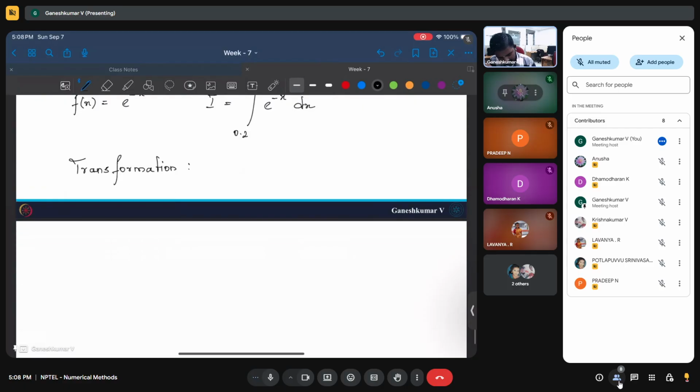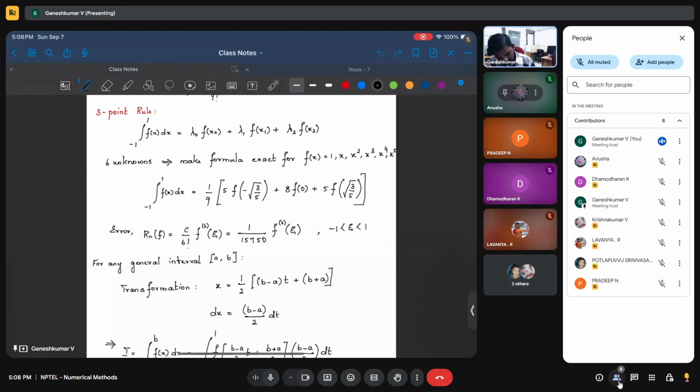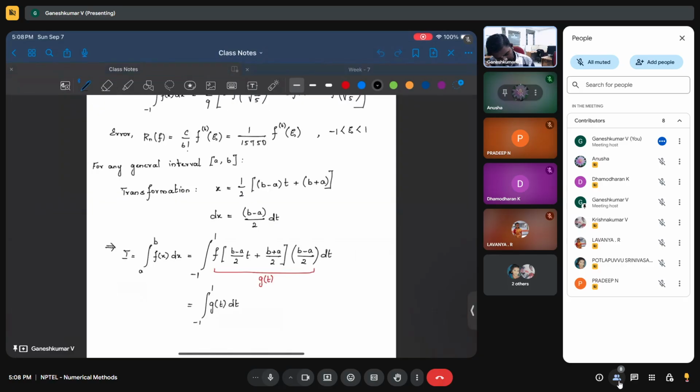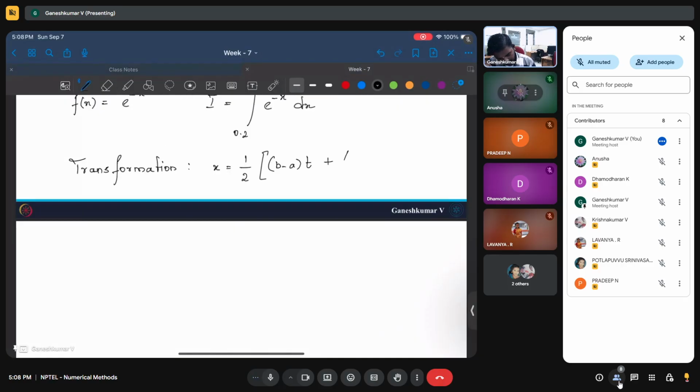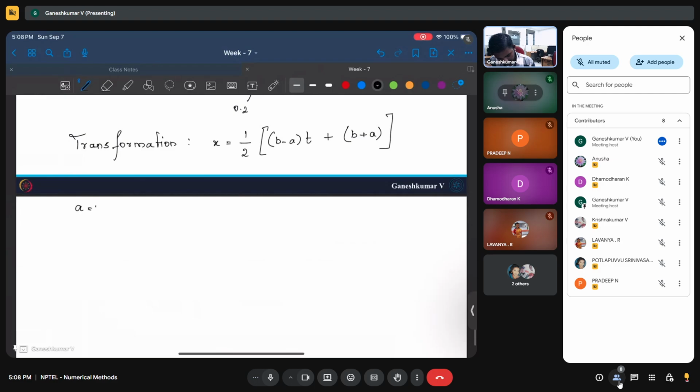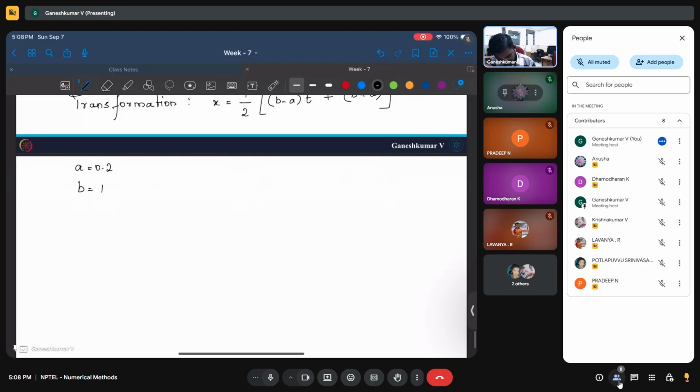We saw one such transformation: x is equal to half of (b minus a) t plus (b plus a). In your case, a is 0.2 and b is 1.5.